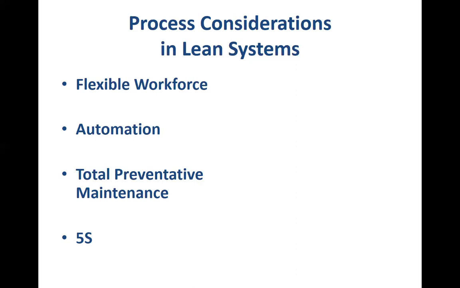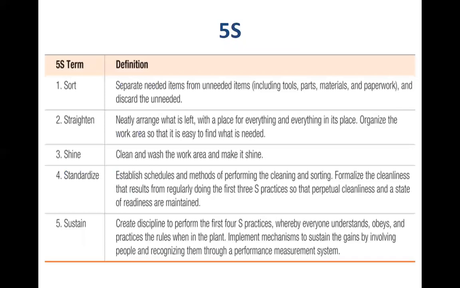The next process consideration is 5S. Essentially, 5S refers to these five terms that all start with S. Actually, these are all coming from the Japanese language, where each of them also starts with S. But the corresponding terms in English would be sort, which is to separate needed items from unneeded items.